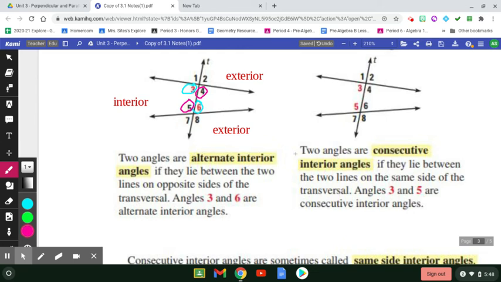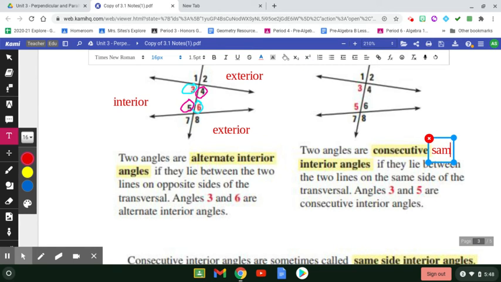Okay, one of the last sets of definitions: two angles are consecutive interior angles if they lie between the two lines that are on the same side of the transversal. Sometimes when you hear the word consecutive interior, you might hear it referred to as same side interior. So you might want to write that next to it. It's also called same side interior.